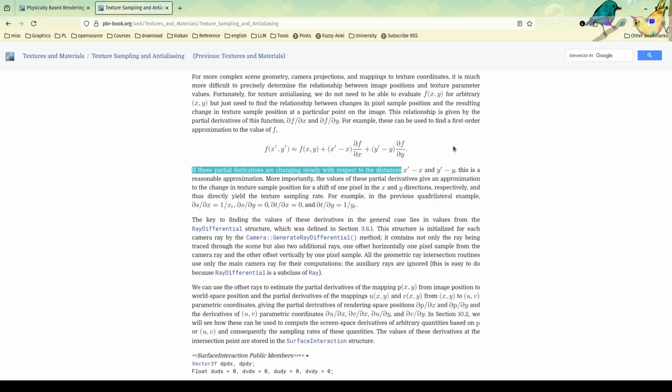This is a reasonable approximation. More importantly, the values of these partial derivatives give an approximation to the change in the texture sample position for a shift of 1 pixel in the x and y direction, respectively.